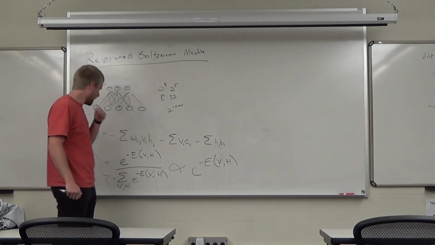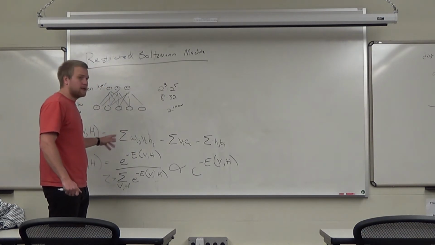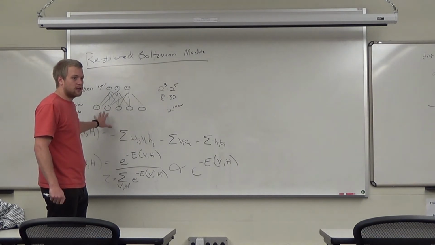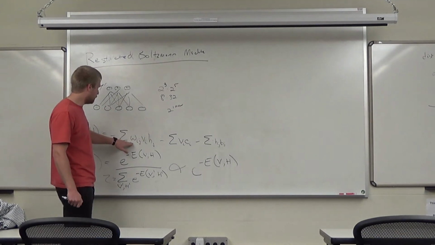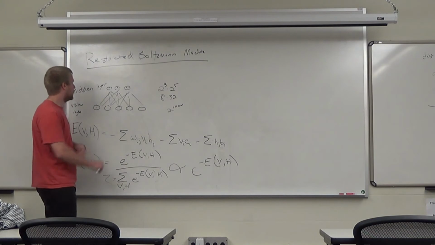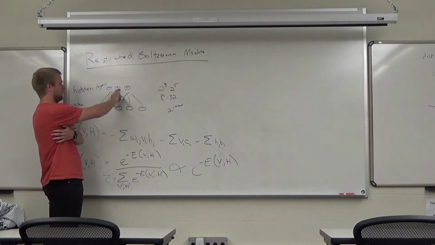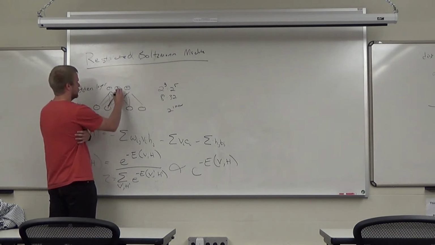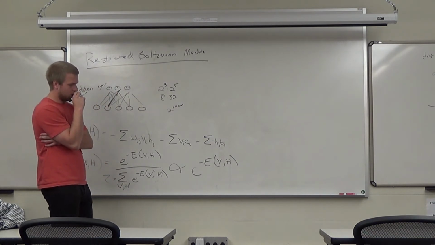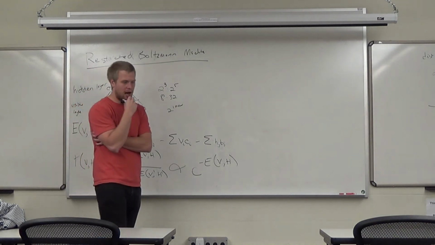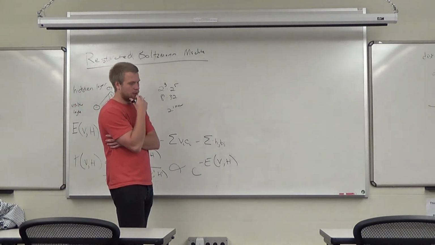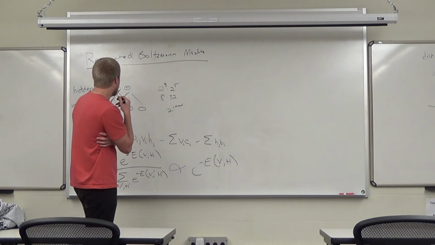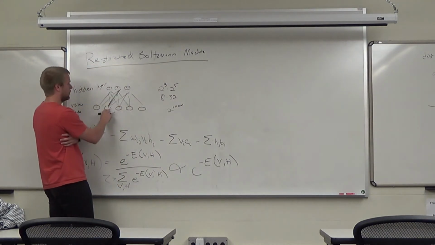I'll be putting these notes online too, just so you know. Let's say the weight between this node and this node is really high. That means that we want there to be a higher probability for an assignment in which these 2 are the same.